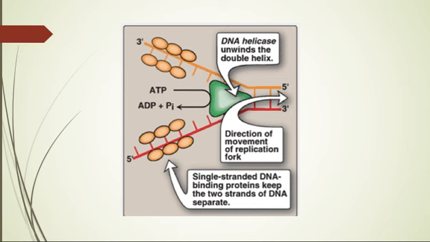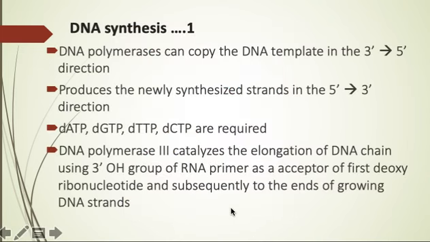Next we'll go on to what happens further. The DNA polymerase enzyme can copy the DNA template in the 3 prime to 5 prime direction and produce a newly synthesized strand in the 5 prime to 3 prime direction, that is in the opposite direction. Here you require the energy factors, that is the deoxy ATP, GTP, TTP and CTP, and DNA polymerase 3 catalyzes the elongation of the newly formed DNA chain.